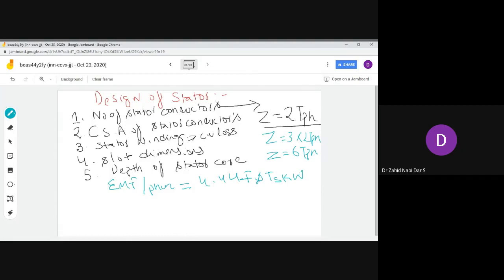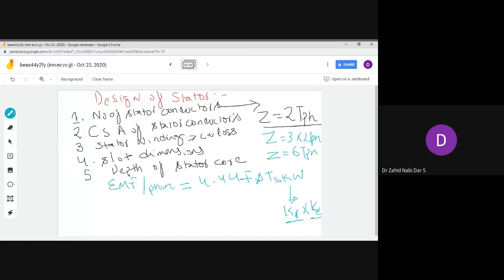In the previous semester you have seen that kW is equal to kp into kd, the pitch factor and the distribution factor. So kW is the winding factor that you have to take in the case of an induction motor. This is per phase.